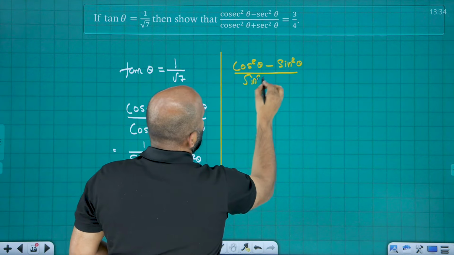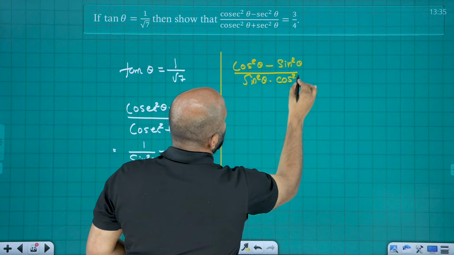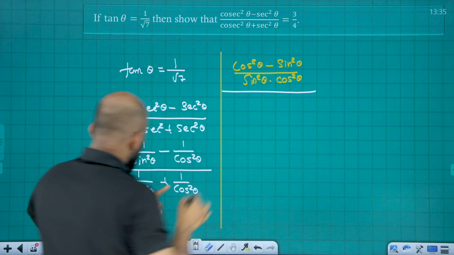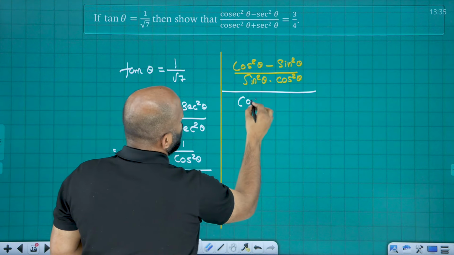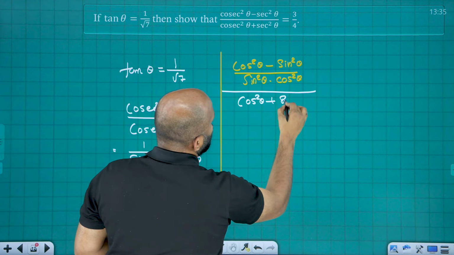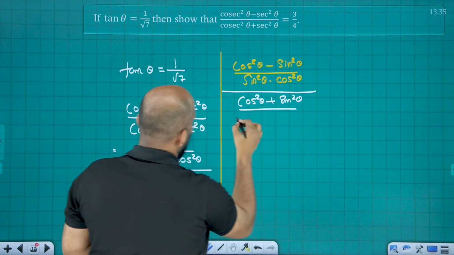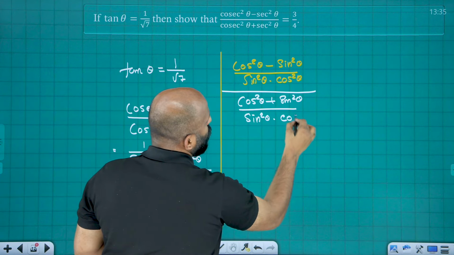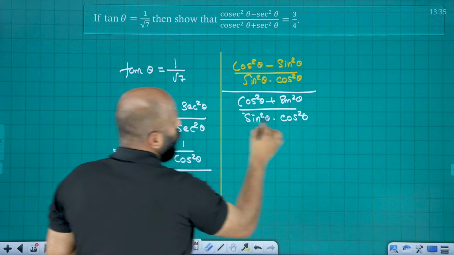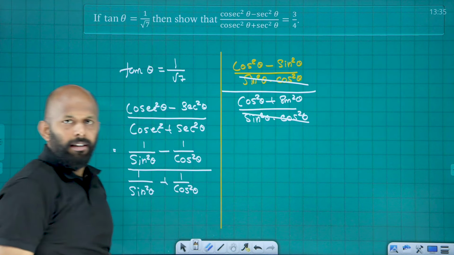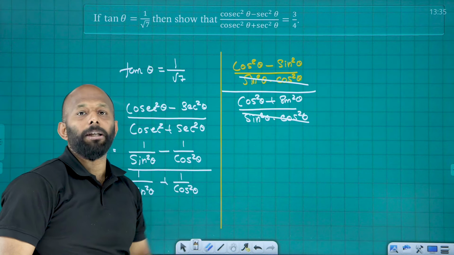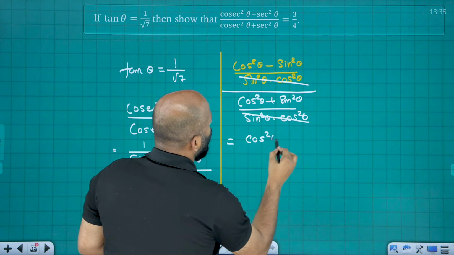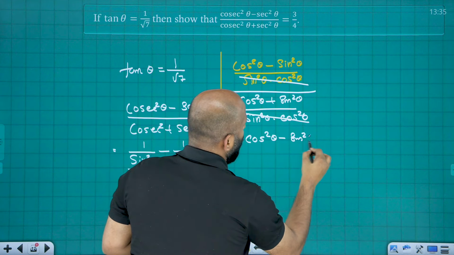The denominator will be cos square theta plus sin square theta, divided by sin square theta into cos square theta. Now, sin square theta cos square theta get cancelled. Now we know that cos square theta plus sin square theta is 1. So what is remaining here? Only cos square theta minus sin square theta.